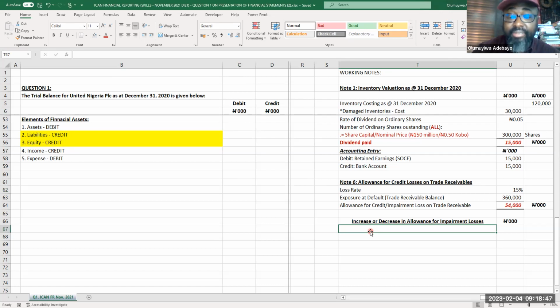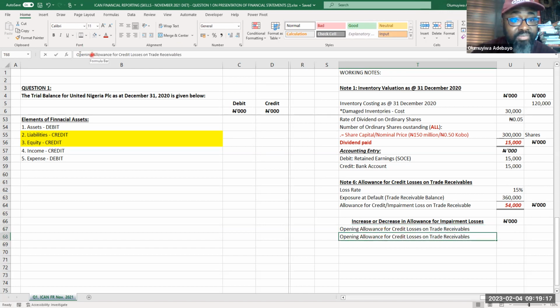Therefore, I'll compare my opening allowance for credit losses on trade receivables with the closing allowance.